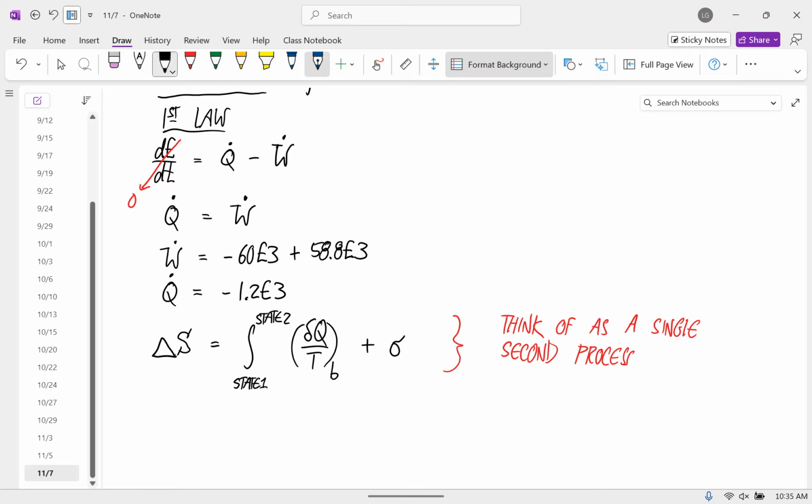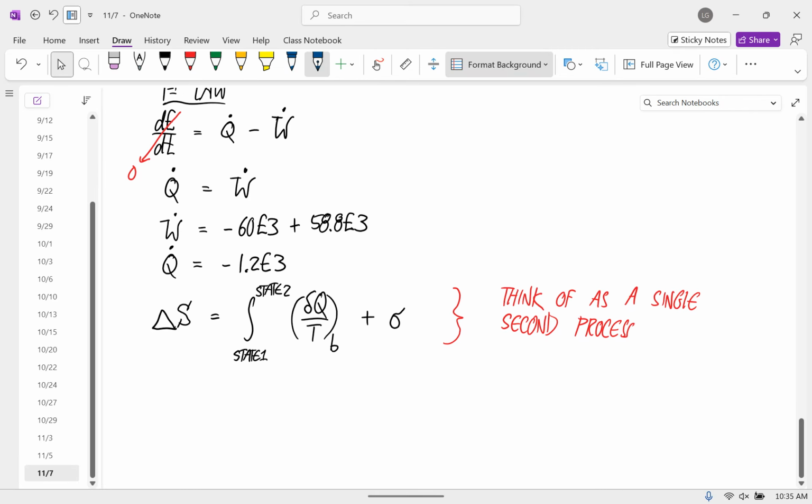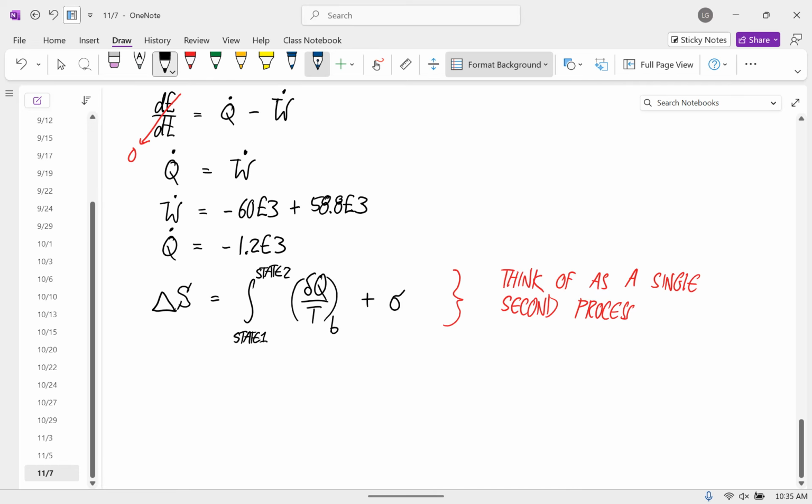Okay, and now let's think about what this says. If we're doing a cycle, like over 1 second, this is a cycle. All the properties stay the same. So what's delta S over that cycle?